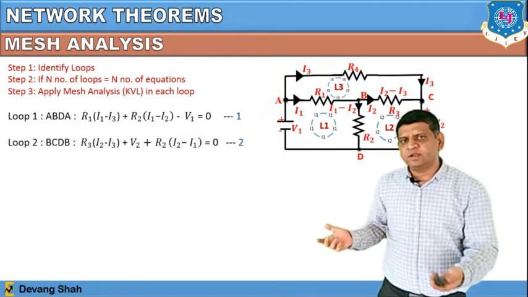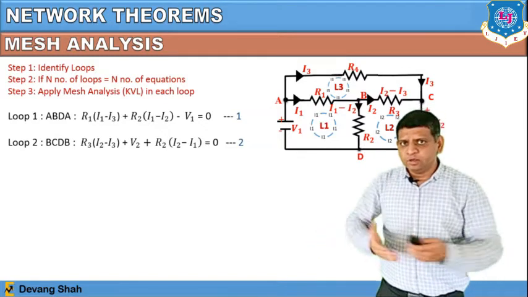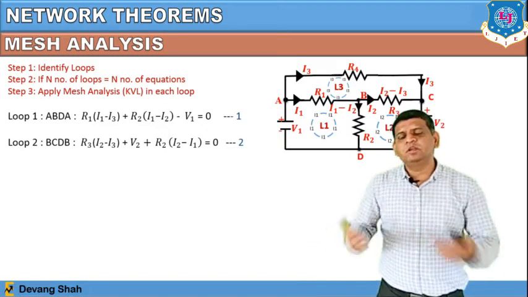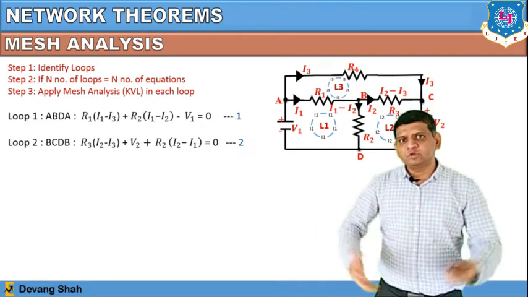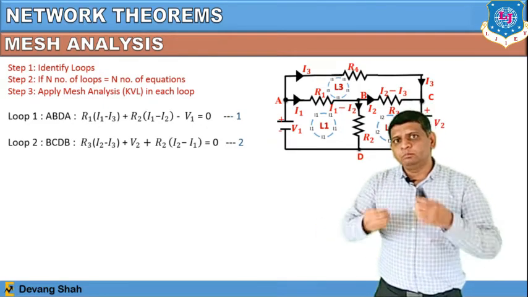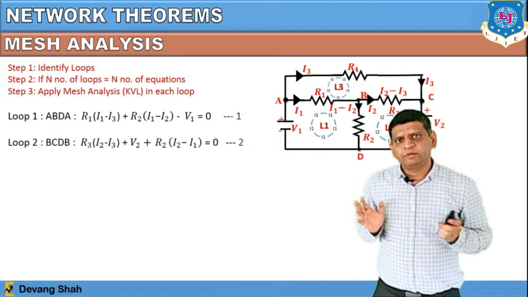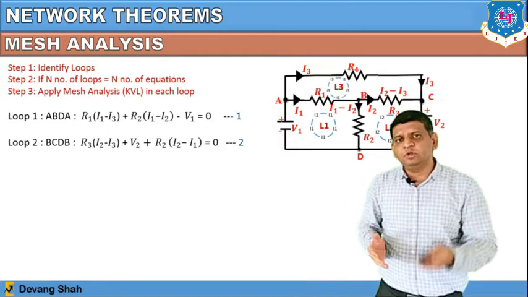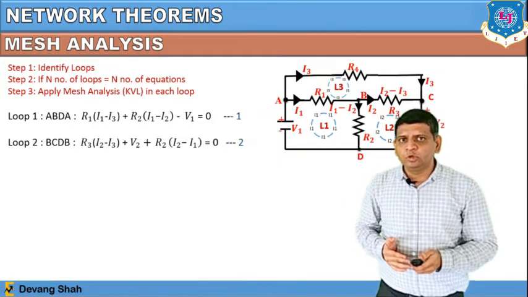So you put it straight away, minus V1 is equal to 0. Ultimately, this is nothing but Kirchhoff voltage law, right? Once you apply 10 volt, the 10 volt must drop across the loop, right? This is the consideration.